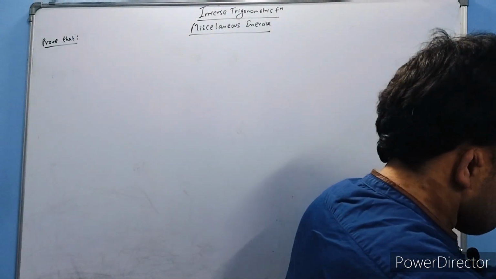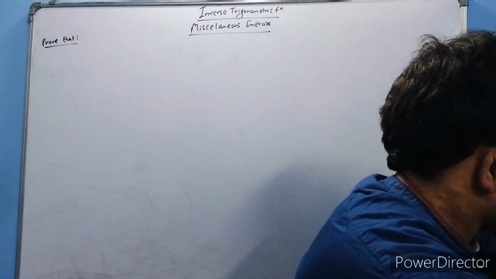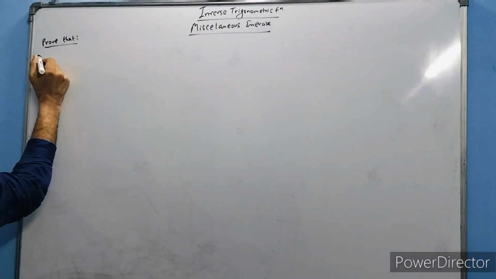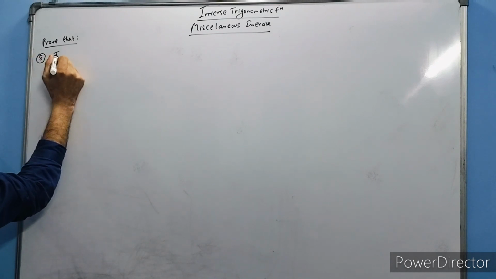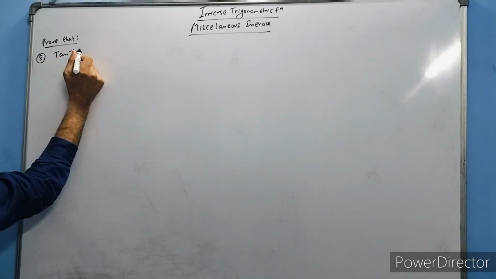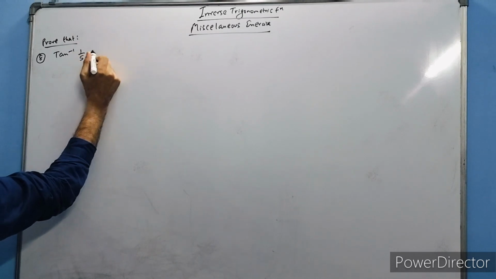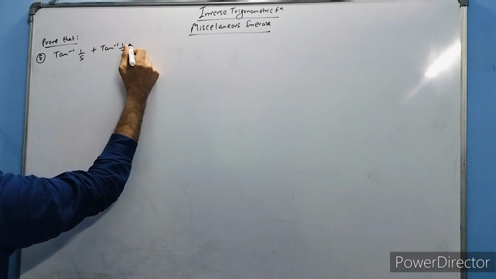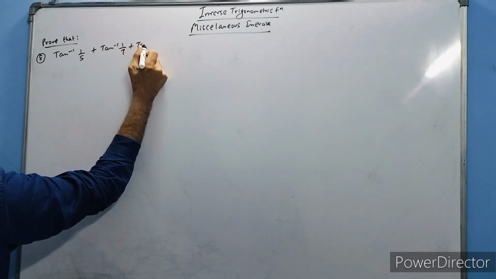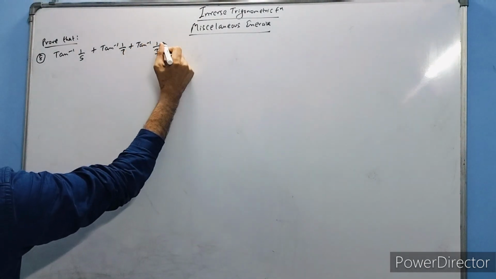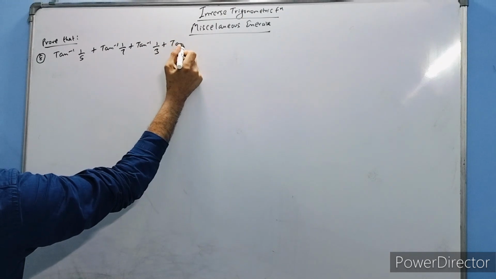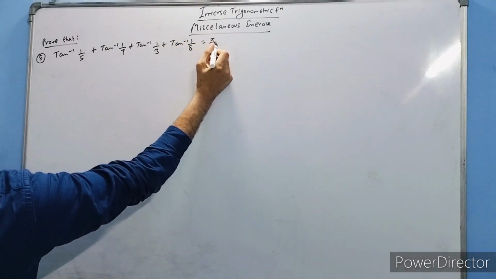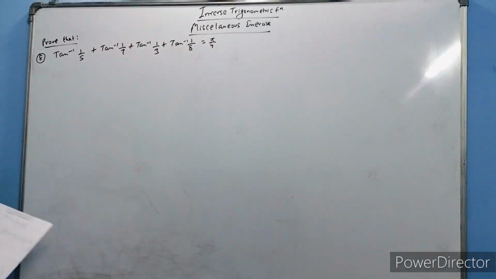What does the 8th question say? The 8th question is tan inverse 1 upon 5 plus tan inverse 1 upon 7 plus tan inverse 1 upon 3 plus tan inverse 1 upon 8 is equal to pi upon 4. We need to prove this.